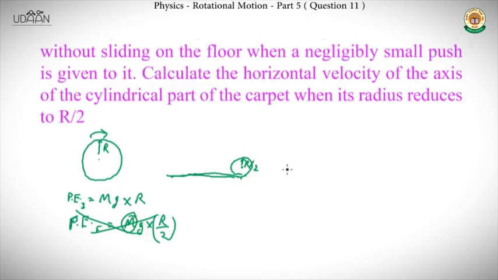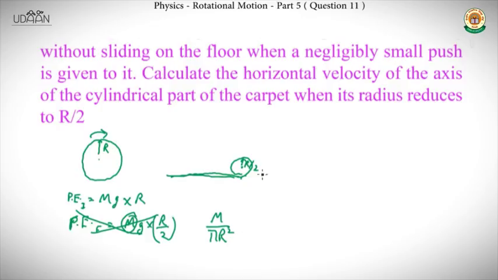For that, we can say that the mass is uniformly distributed throughout the carpet. So it should be m by 2? No, again wrong. You can see this area from the side angle, so the mass will be uniformly distributed throughout this area. Let's take mass per unit area, which will be m by pi r square.